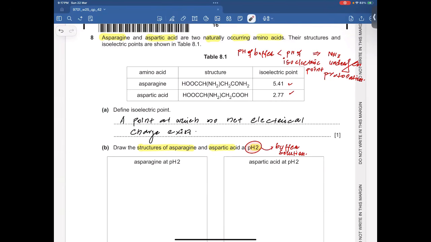That indicates this NH2 will accept a proton, this NH2 will accept a proton, but this NH2 is not going to accept a proton because it is not an amine, it is an amide functional group, and amides are neutral. They cannot act as an acid or base, okay?